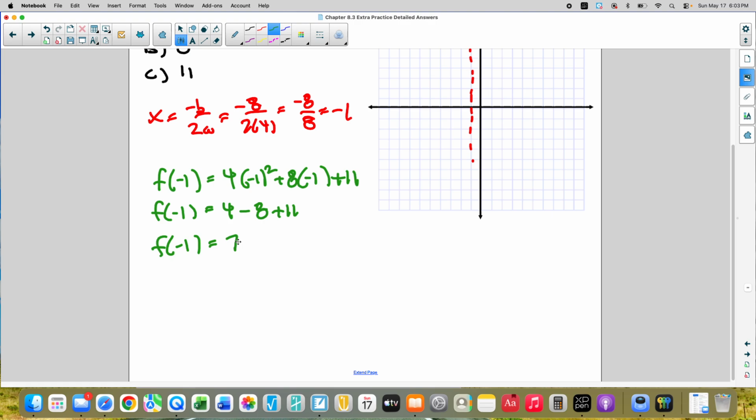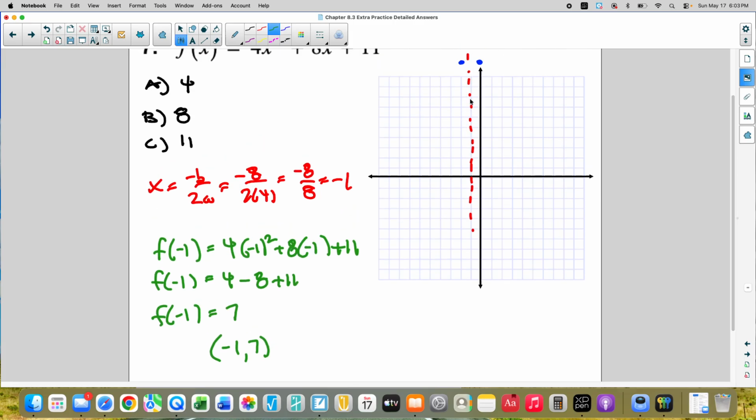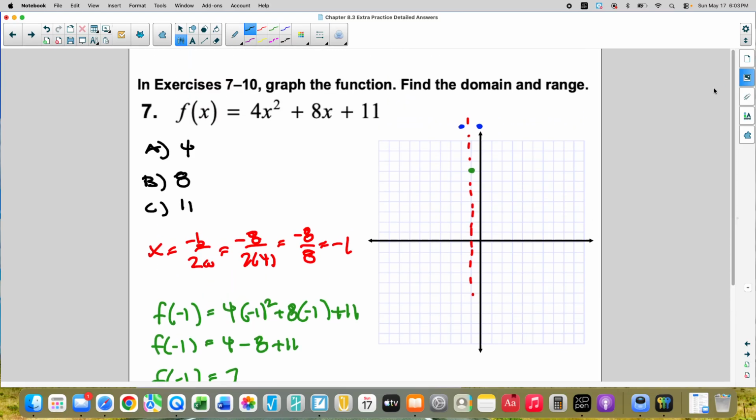So my point is -1, 7, right there. And I was expecting it to be a U and narrow, so that looks pretty good.